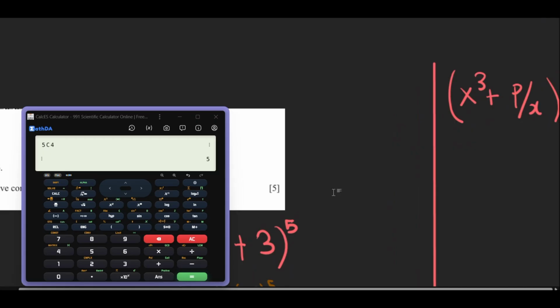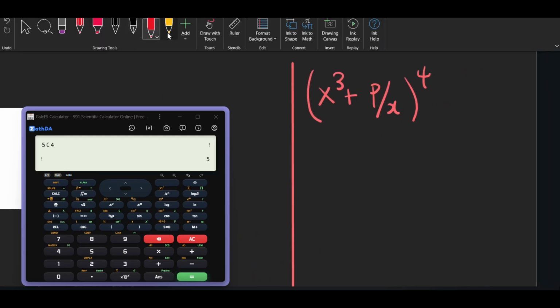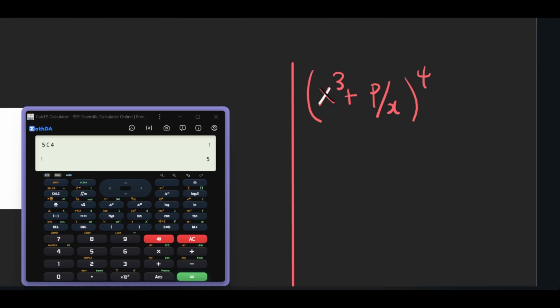Now, dealing with this one will be a bit tricky, but not that difficult. Because now you'll have to figure out the interaction between this x and this x over here. The only time that will happen is when this x to the power 3 is carrying a power 2, so that this p over x here will carry a power 2 as well, so that if you add them, they give you a 4.